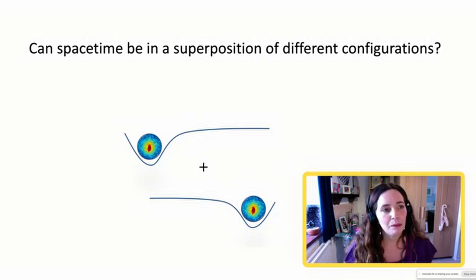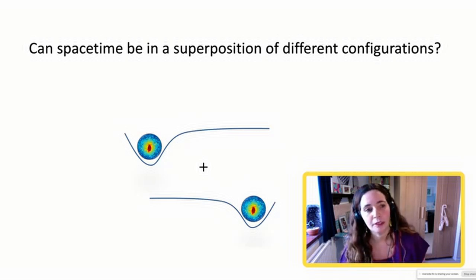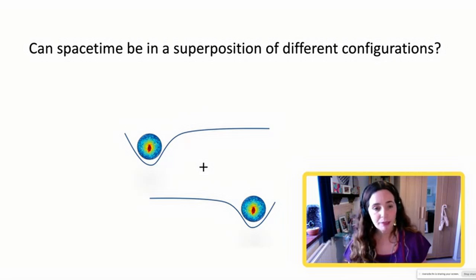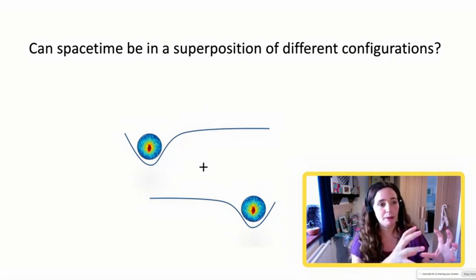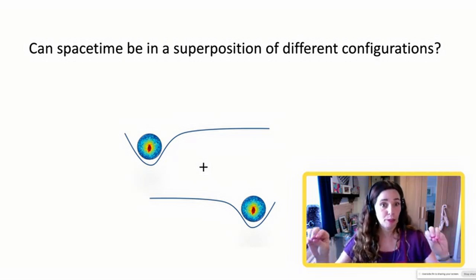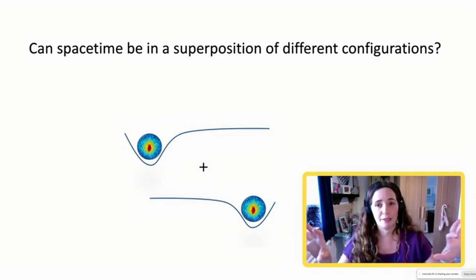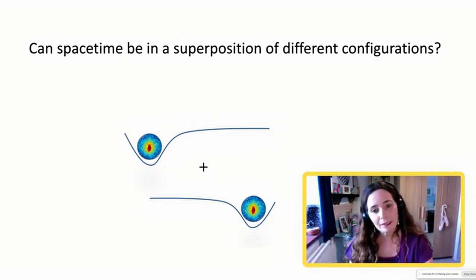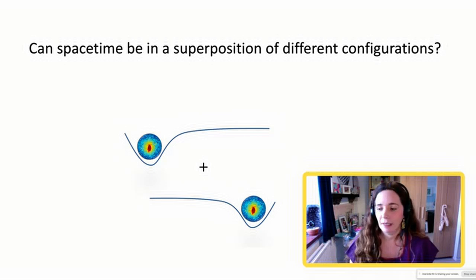But in my opinion, the most interesting question that we have to answer is what happens when we have a massive superposition, where the mass is in a superposition of two different locations in space. And this is something that you cannot answer with quantum field theory in curved spacetime.